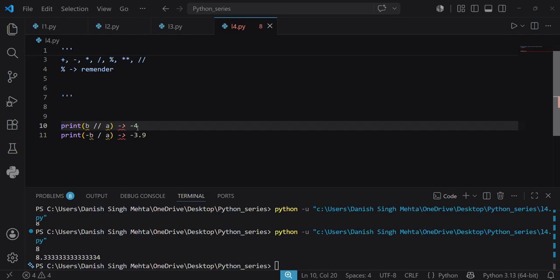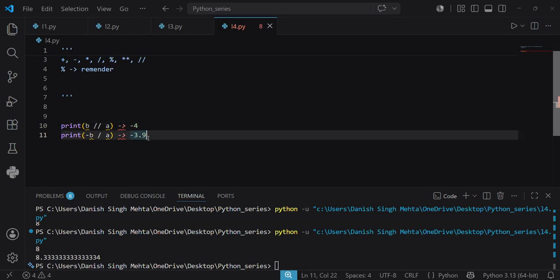Because floor division always gives a value less than the normal division value. As a short trick, the floor division value is always to the left of the value that comes in normal division, meaning it is always less than the value in normal division.